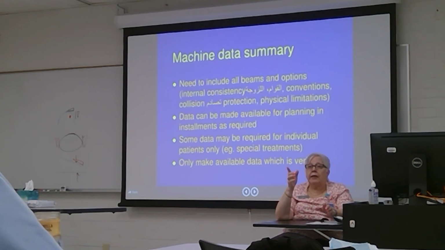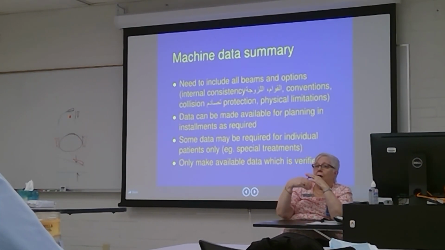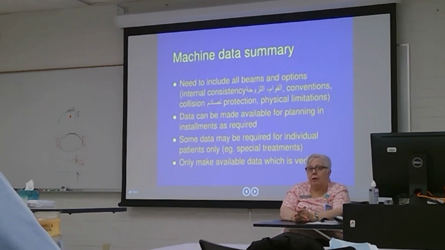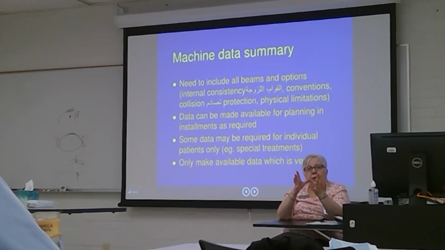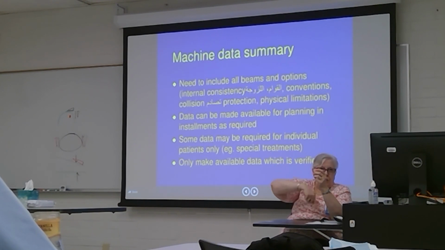Collision, again, this fancy one, but even if you're doing a normal arc, do the therapists do a check rotation before they start a new patient who's an arc? So they'll go in, they'll position the bed, and they'll make sure that the machine clears. Good.